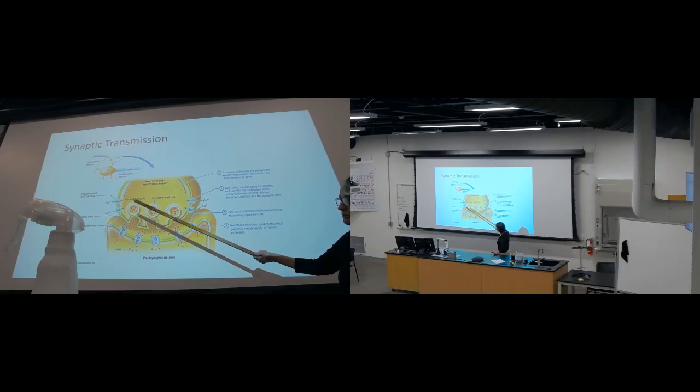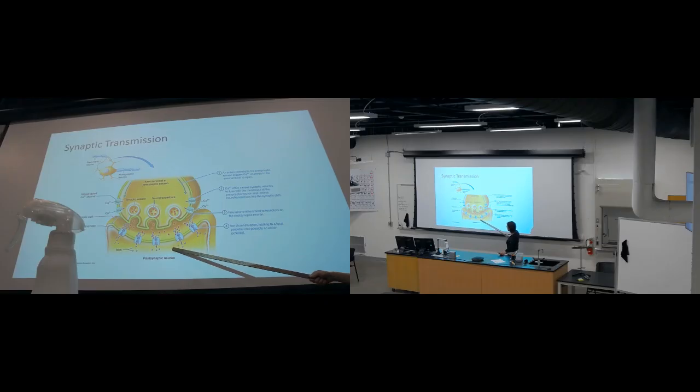The neurotransmitters will migrate from the presynaptic neuron to the postsynaptic neuron, and then you have your channels with receptors for this specific neurotransmitter, and then your ions come in.